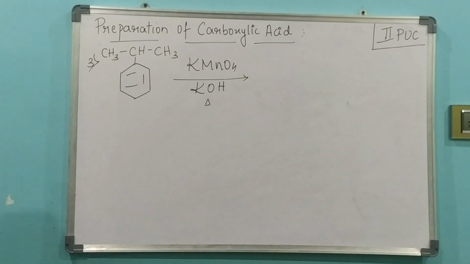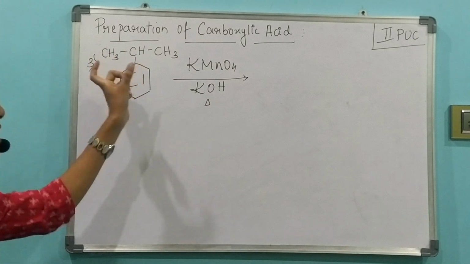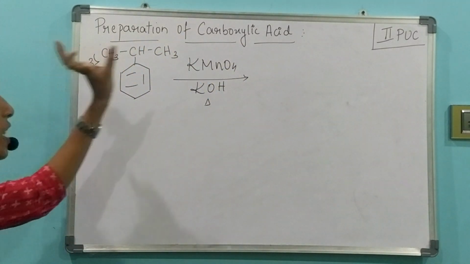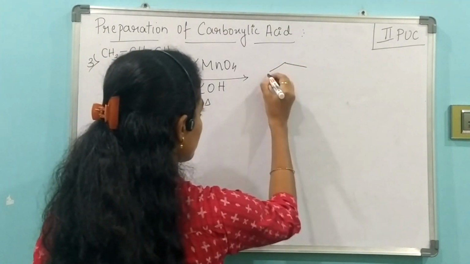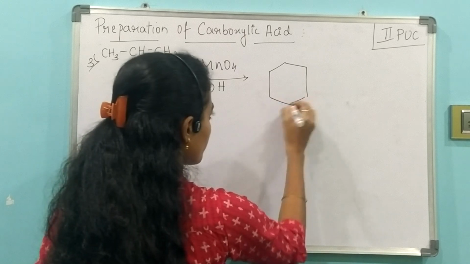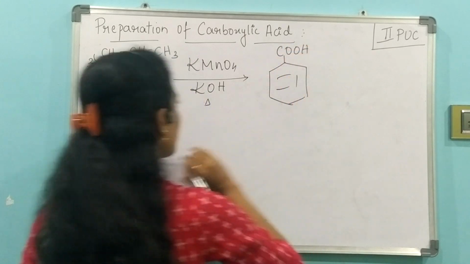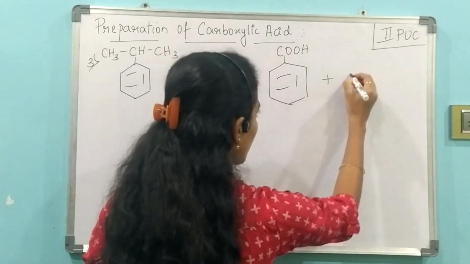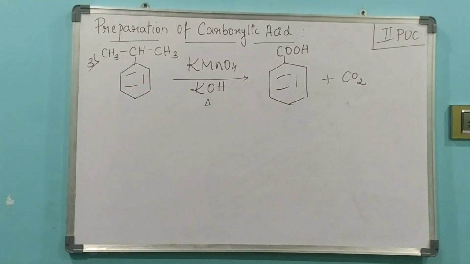I told you a statement that the alkyl benzene side chain will definitely convert into the carboxylic acid irrespective of length of side chain. So again you will end up with benzoic acid. These two carbons will be converted into carbon dioxide. Go for the next example.